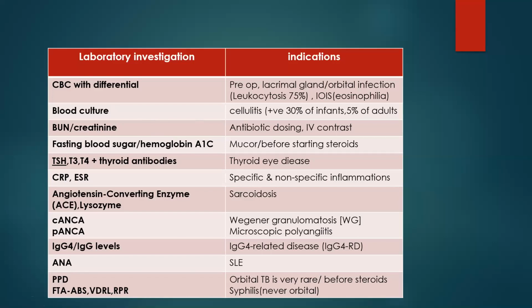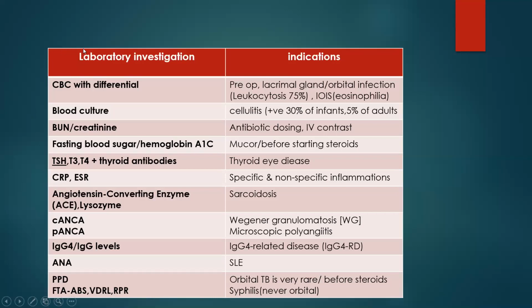You just need to order the thyroid function test and sometimes thyroid antibodies. In addition, other investigations like the imaging and visual field. But sometimes you have cases presented with unclear etiology.